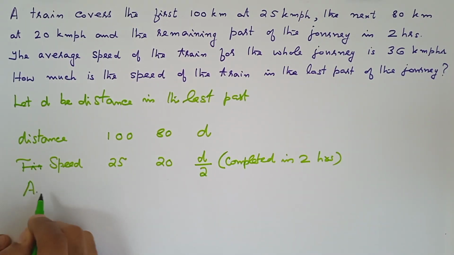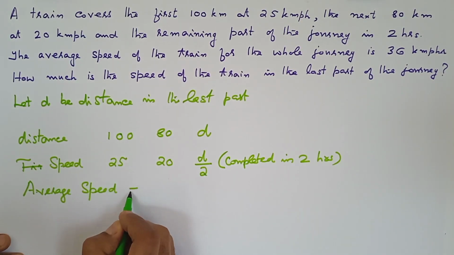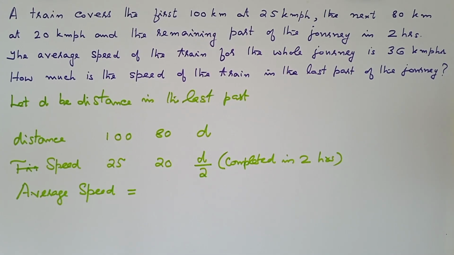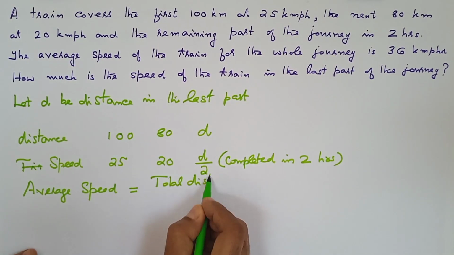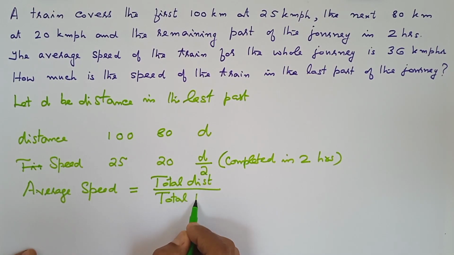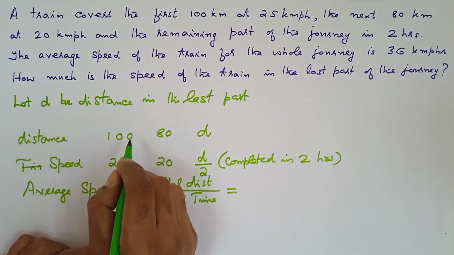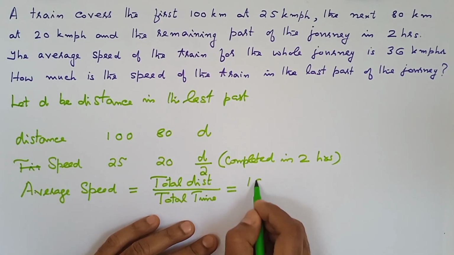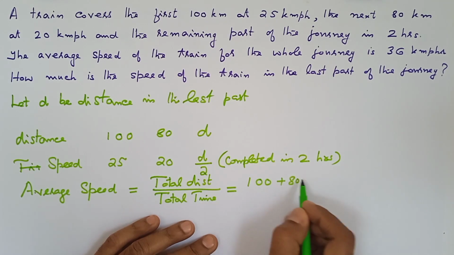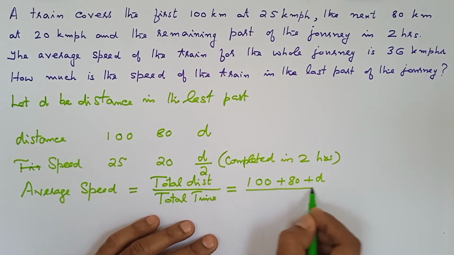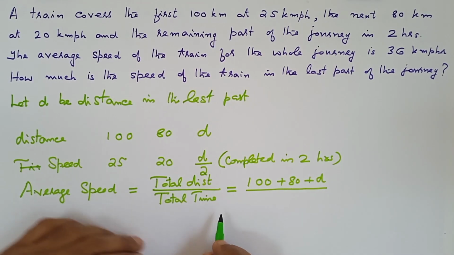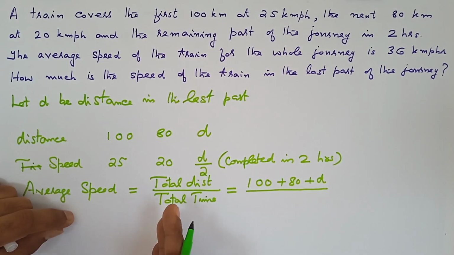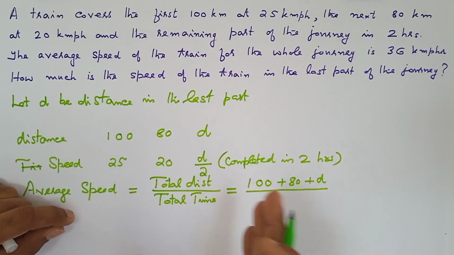How do you work out the average speed of the entire journey, which as you know is total distance divided by total time. Total distance is this plus this plus this, which is 100 plus 80 plus D divided by total time. Yeah, you need to find out the time taken for the 3 different stretches of the journey.